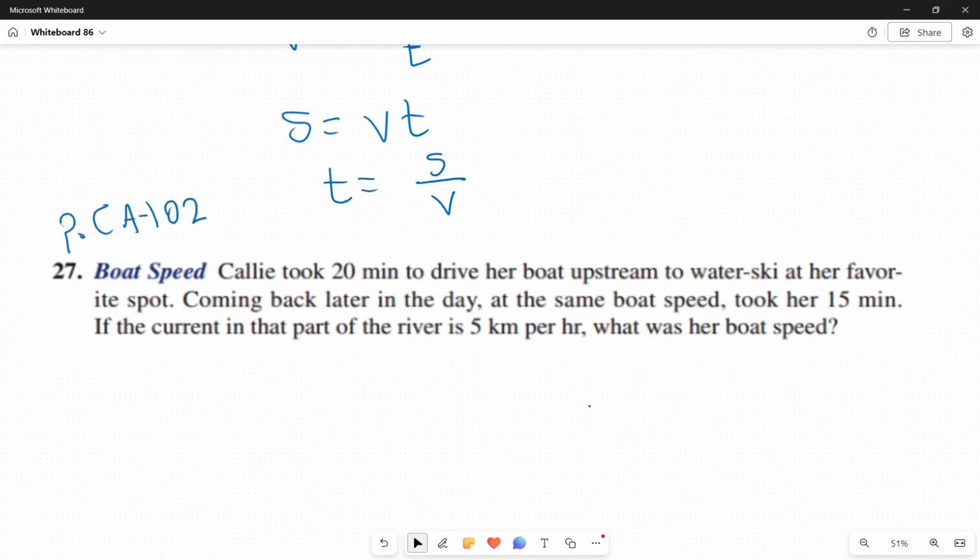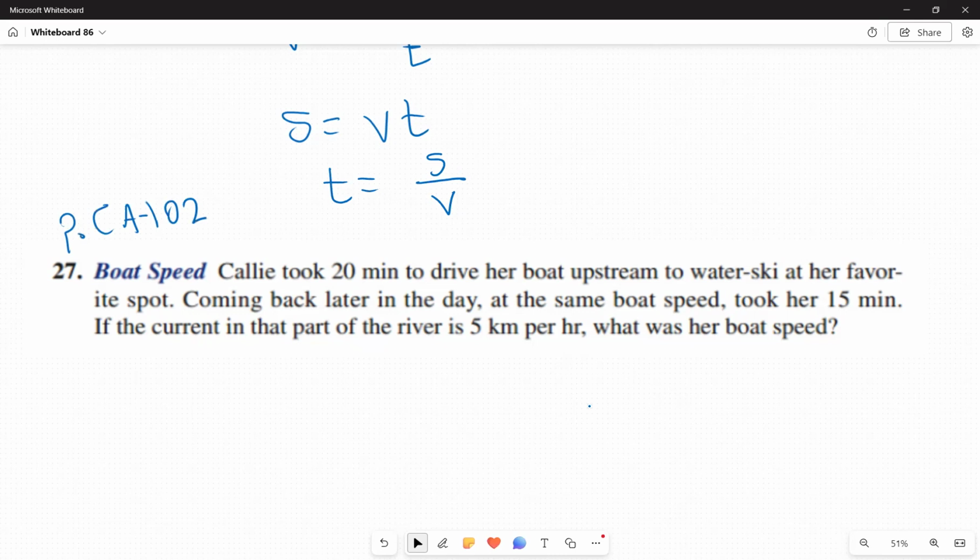Callie took 20 minutes to drive her boat upstream to water ski at her favorite spot. Coming back later in the day at the same boat speed took her 15 minutes. If the current in that part of the river is 5 kilometers per hour, what was her boat speed?